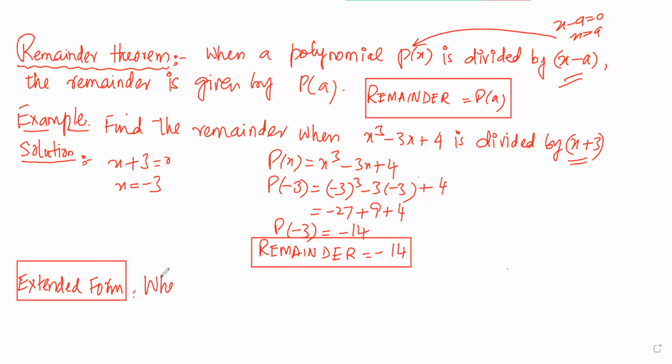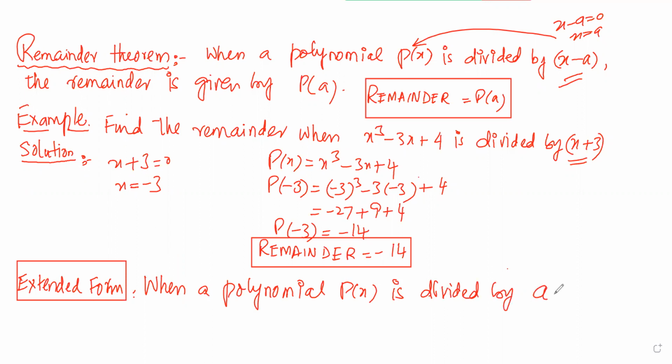When a polynomial p(x) is divided by, say, ax minus b, again this is linear, but there's a coefficient for x. In the previous case, the coefficient of x was 1.